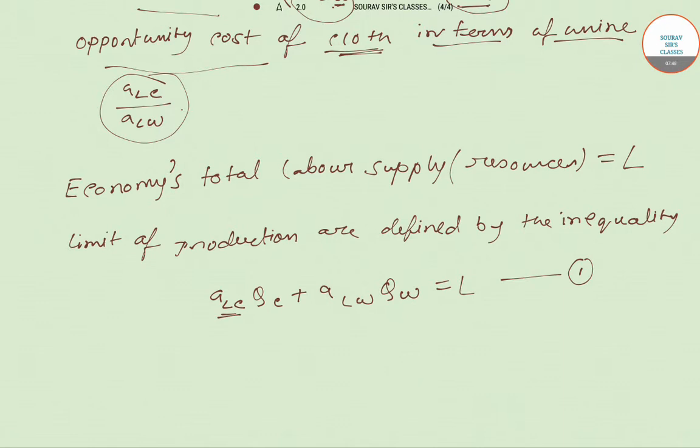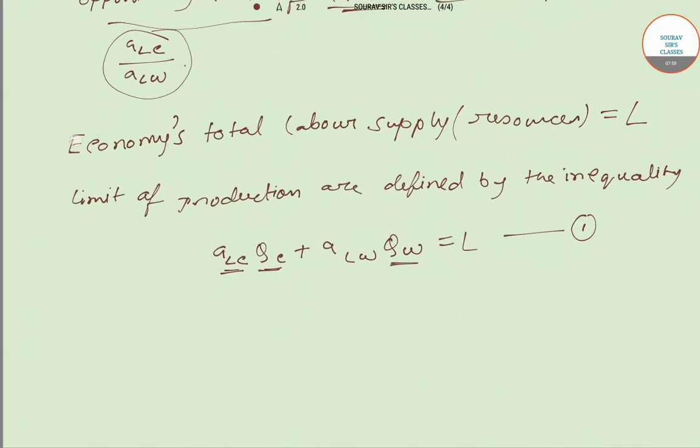Here QC is American production of cloth and QW is American total production of wine.